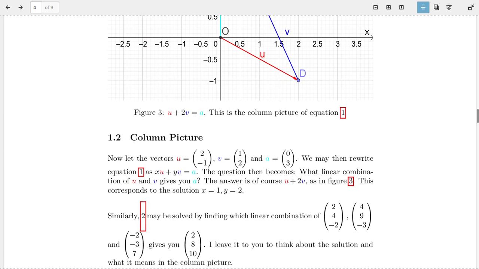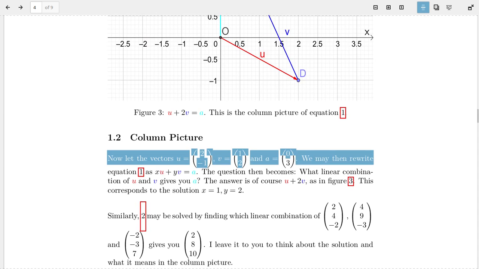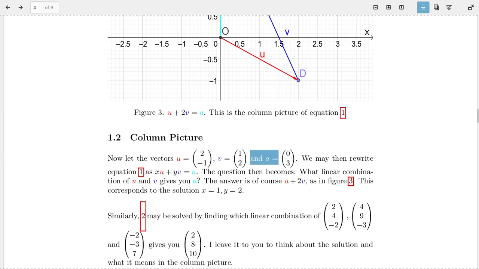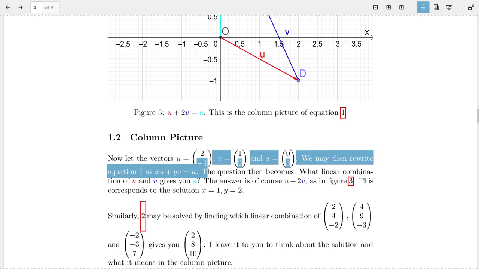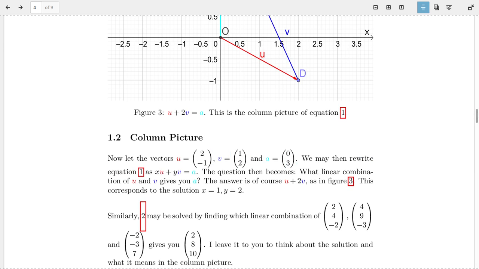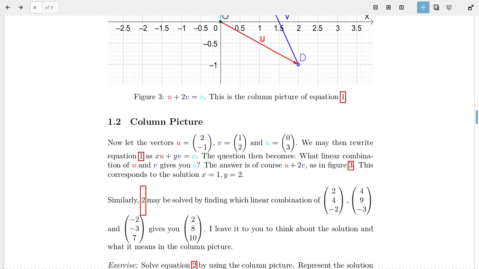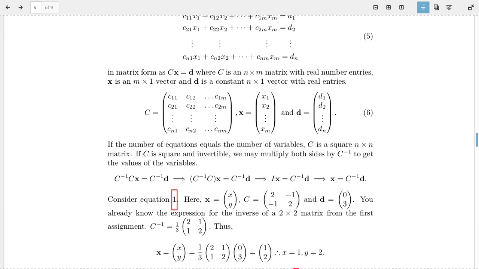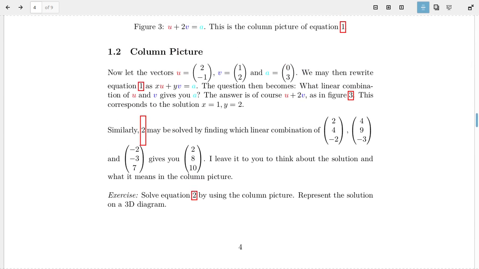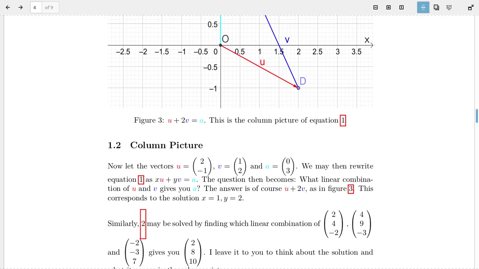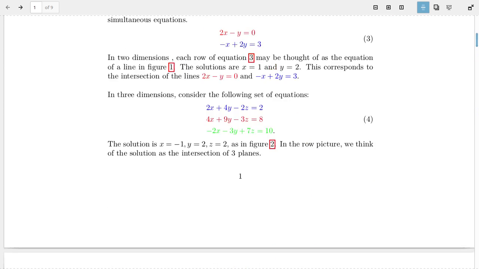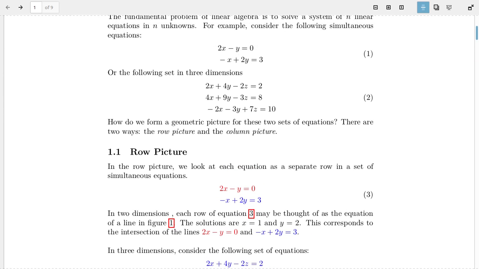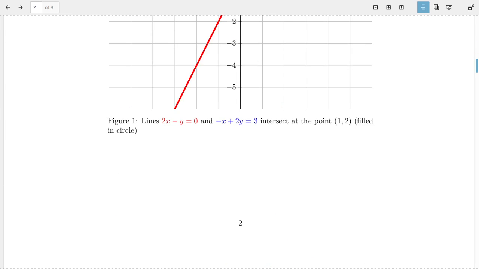Now notice that these are exactly the vectors that we are using, 2 minus 1 and minus 1, 2. Actually, v, I think, yeah, v should be minus 1, 2.